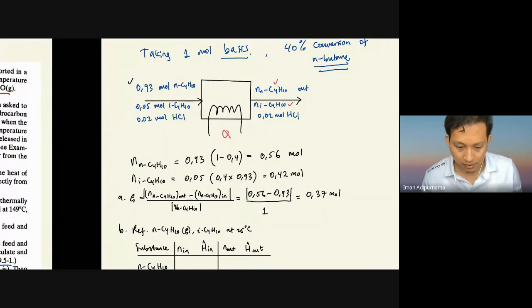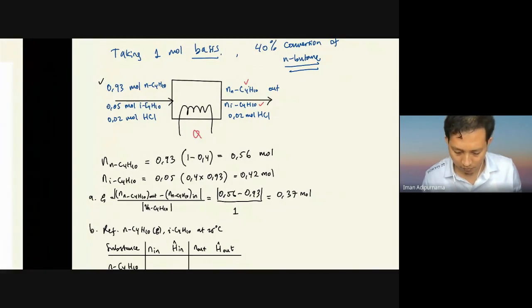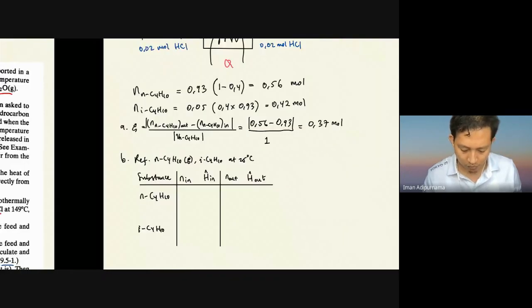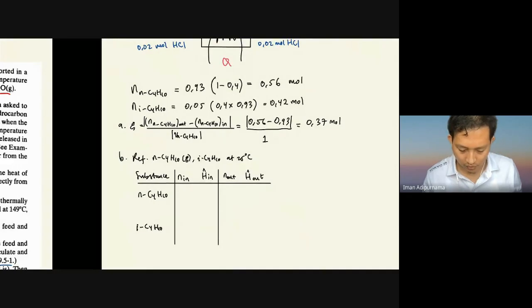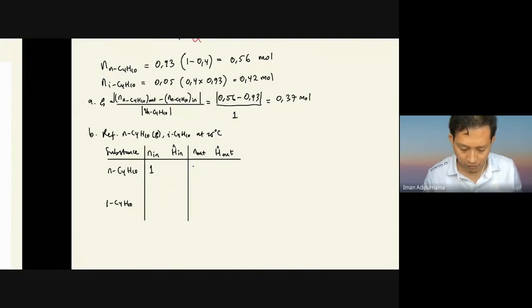The substance at the beginning, if we take a 1 mole basis, as you may see from the conversions, it has 0.6 and 0.4.